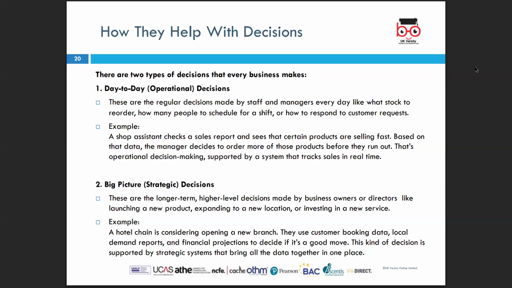When looking at the bigger picture with strategic decisions, we're looking at the long-term, high-level decisions made by business owners or directors, like launching a new product, expanding to a new location, or investing in a new service.